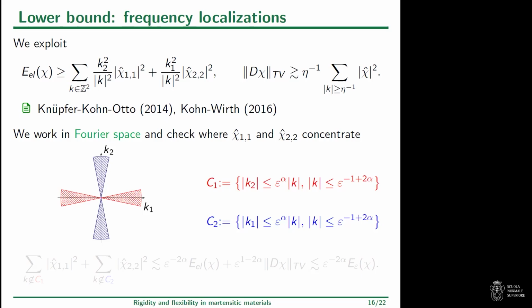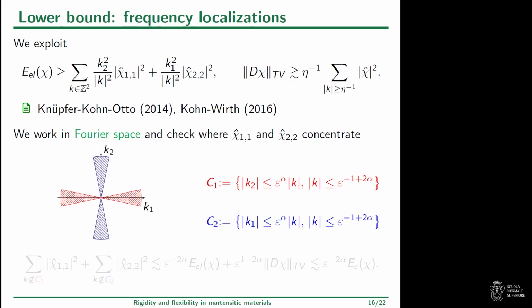Since we are going to focus on minimizing sequences in which the elastic energy is small, this means that the first component of chi is concentrating around this x1 axis, the second component around this x2 axis. I'm going a bit quick, but you can also make sense of it because of the rank 1 connections inside your diagonal matrices, okay?